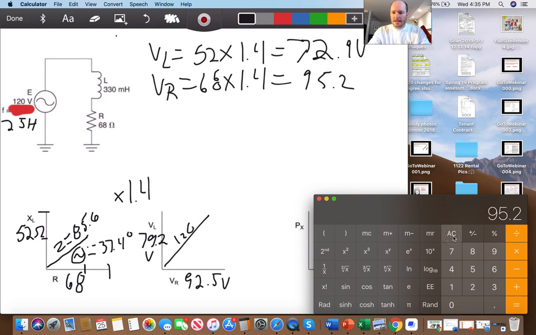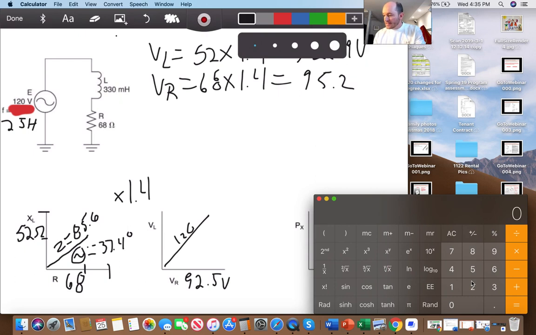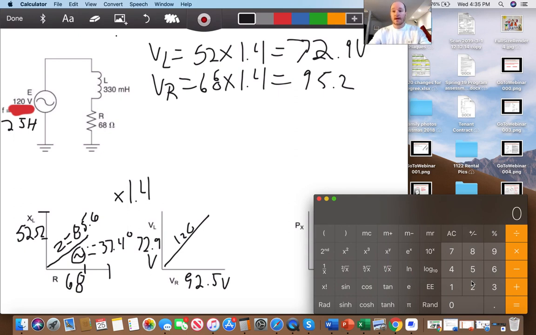Oops, I think I typed that in wrong. Okay, let's try this again. Ah, I see. One of the things is this is supposed to be 72.9 volts. Oh no, a mistake. How does that happen? My dyslexia just kicked in there, and my students weren't there to correct me.